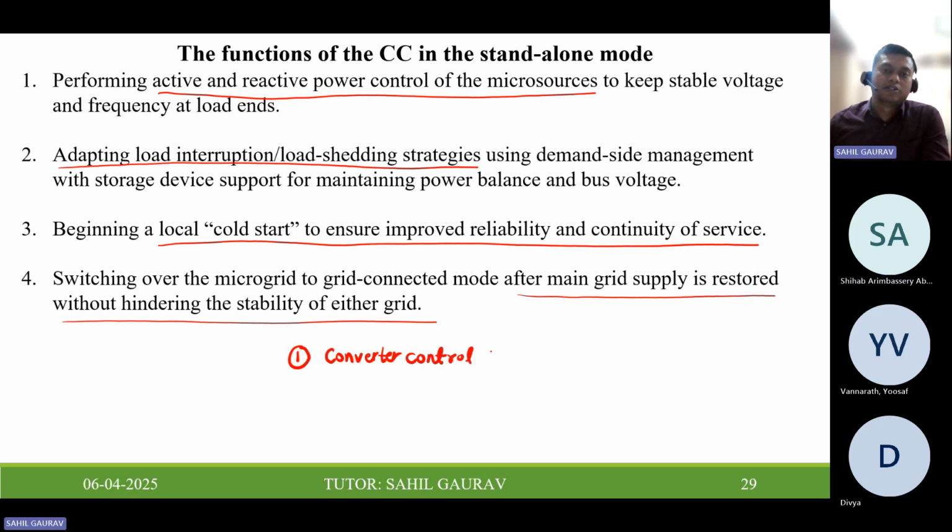converter control for the DG. One is the islanded condition, and islanded means you can say grid forming converter, or grid forming and grid following converters.